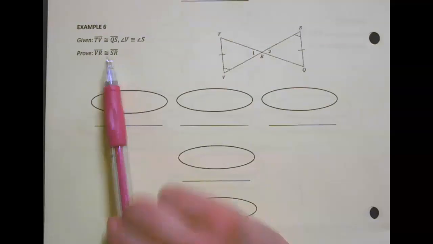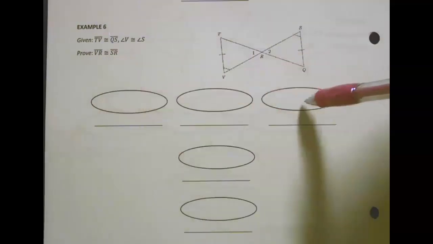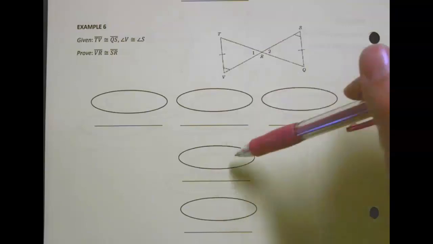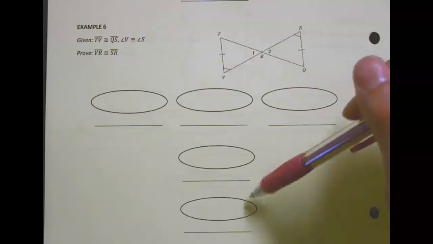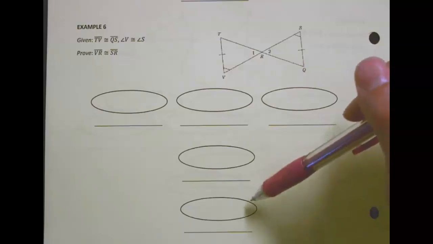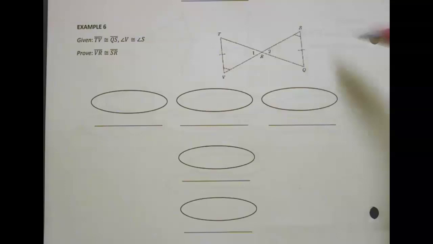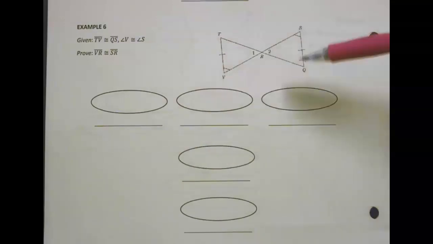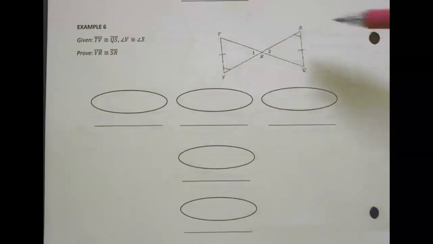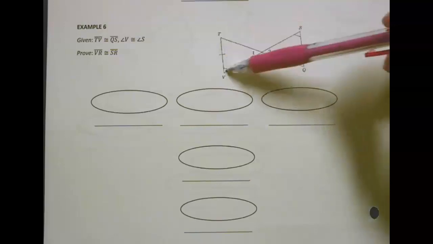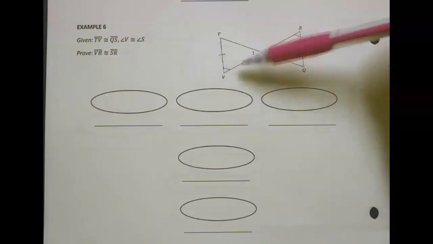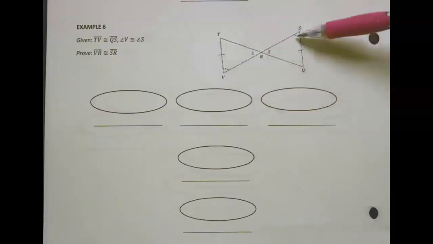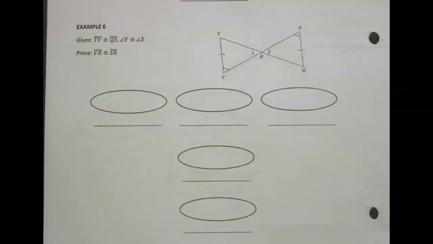So if I have my 3 bubbles up top to prove that my triangles are congruent, and I use a theorem to prove that they're congruent, then I know that the corresponding sides are congruent, which was again from that common vocabulary. So I'm not going to walk you through this one as well. As you can see, this one already has some information. It has TV is congruent to QS. It's already marked it. It said that angle V is congruent to angle S, and it has marked something else for you.